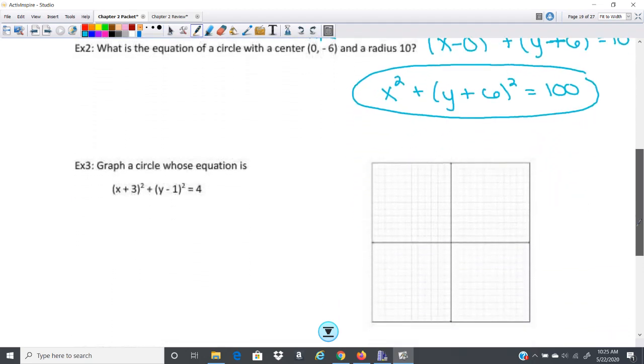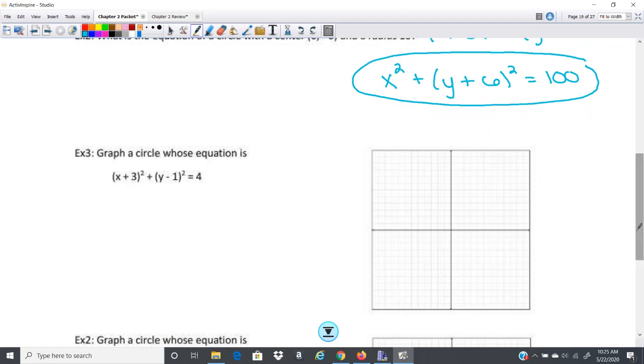So now you could graph a circle with this type of equation. You would identify h and k. Remember, (x minus h) squared, (y minus k) squared, r squared. Here you have a positive 3. The only way that would have become a positive 3 is if you had this, right? That double negative would have turned that into an x plus 3.